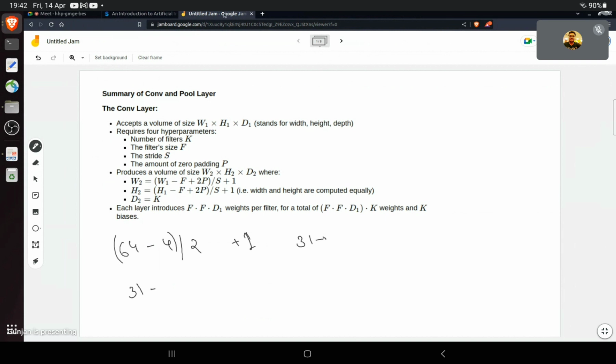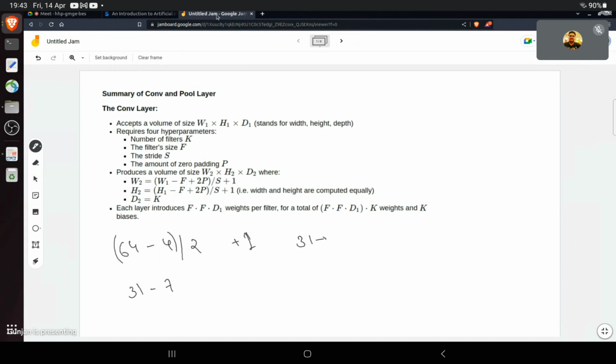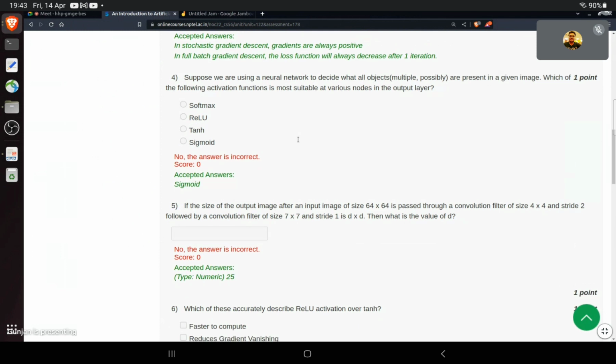There the filter size is 7 and the stride is 1, so (31 - 7) divided by 1, plus 1. 31 minus 7 is 24, plus 1 is 25. So you finally end up with 25.